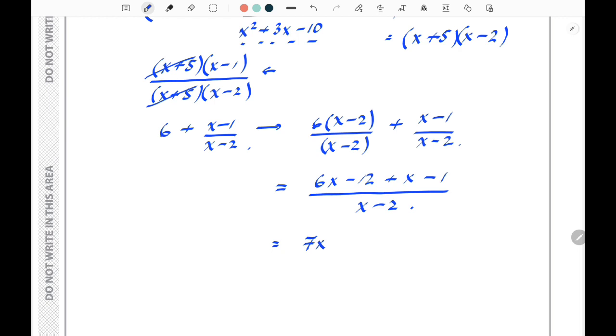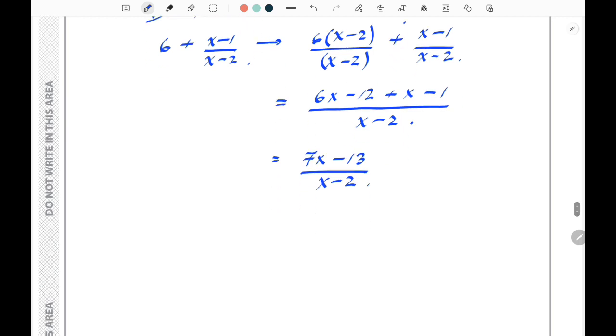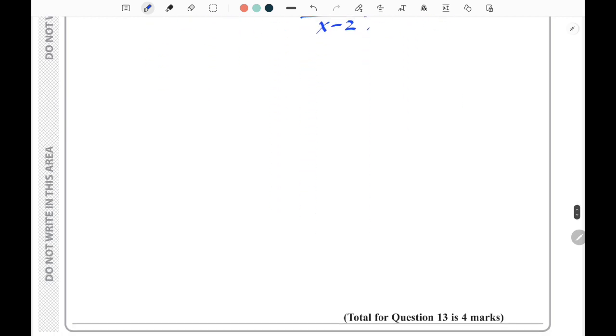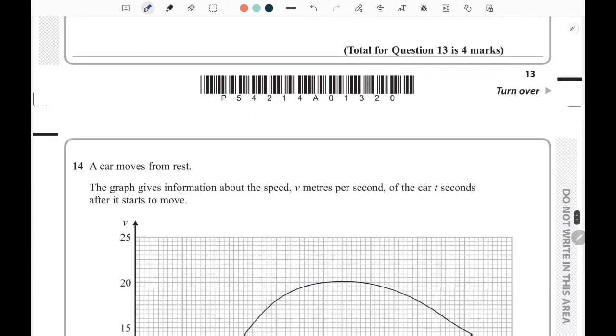Better check it. Hang on a second. Let me add up these numbers. No, that's fine. There we are. I just confused myself for a moment whether I needed to change any of those signs, but we don't because it's a plus in between. So there you go, that's the final answer. And that's what they were asking for in the question itself.